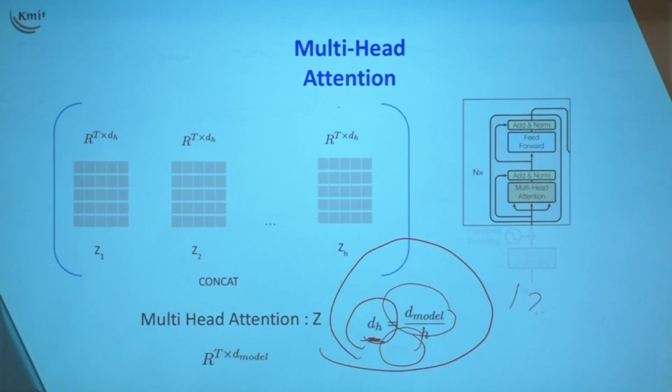Let's say I have taken 128 dimensions and 8 heads. So what would be the size of each head? 128 by 8, which is 16. Is it clear, everybody? So 16 times the multi-head attention will get processed. Is it clear?